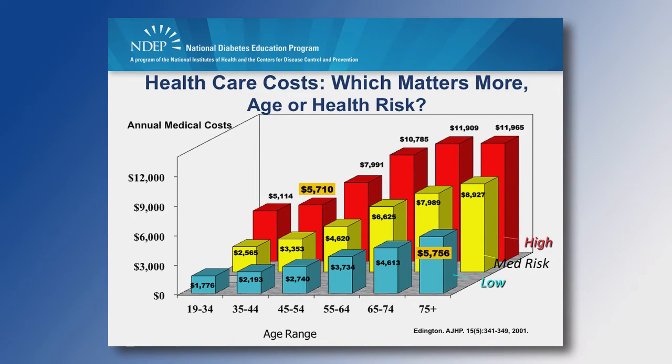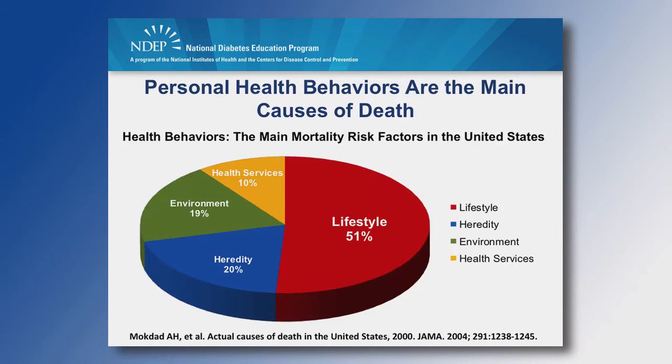Whereas someone that's greater than 75 years old that is low health risk also has around $5,700 of medical costs. So actually the risk trumps age in terms of health costs in America. And in the United States, everyone's familiar with the fact that over half of all causes of death are related to lifestyle, and only 20% are actually related to heredity.